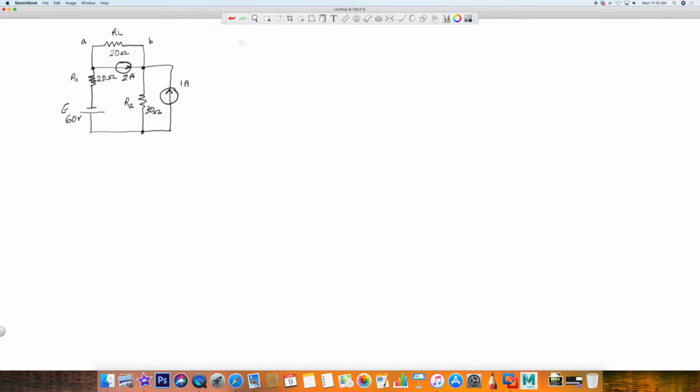Okay, so again, as a reminder, we are interested in the Thevenin analysis for this circuit. And the point of that is to find an equivalent circuit that has an equivalent internal resistance and an equivalent source of voltage, right?